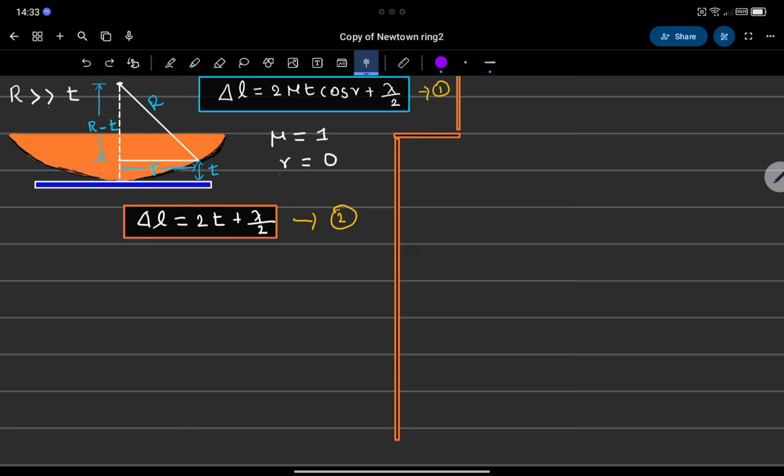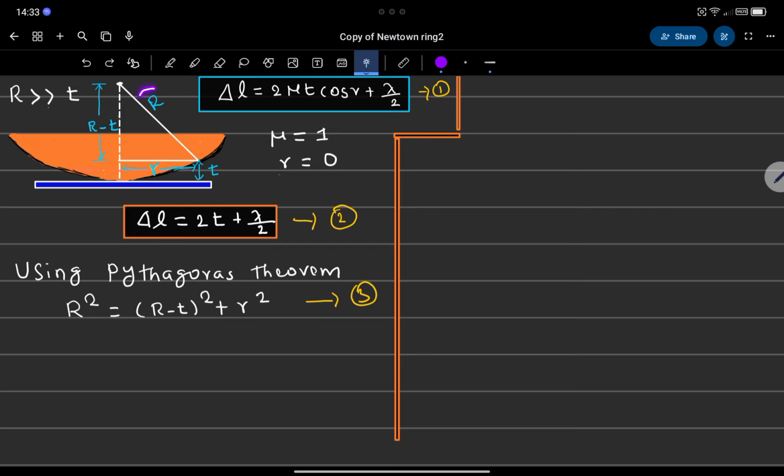And using the Pythagoras theorem we can write R squared as R minus t the whole square plus r squared, this side squared plus this side squared. As I told you, if t is small, then t squared will be much smaller than t, so this can be omitted, and R squared can be cancelled on both sides of this equation.